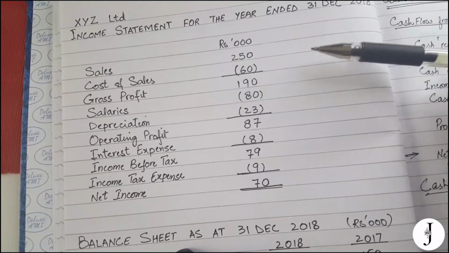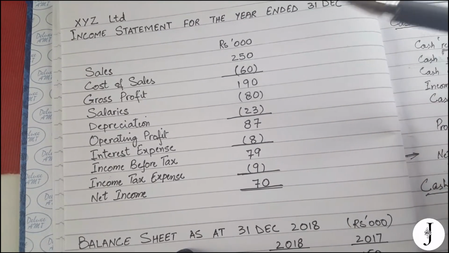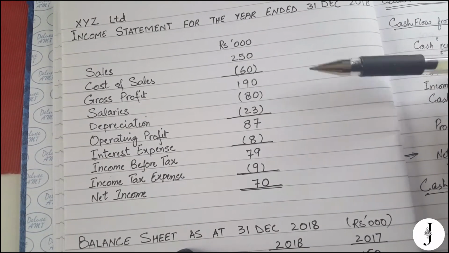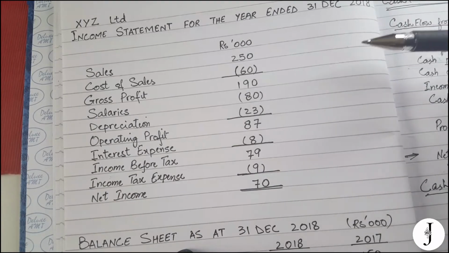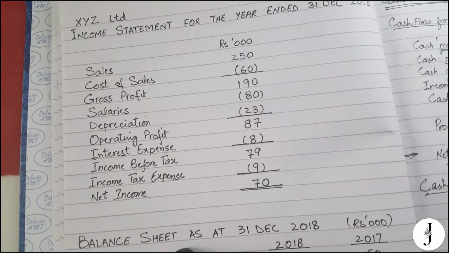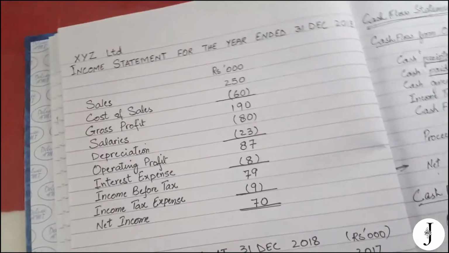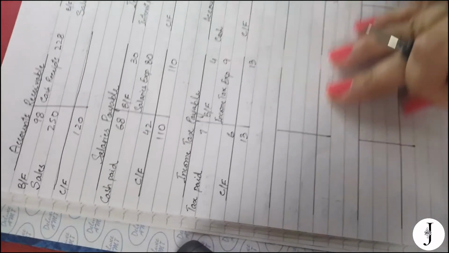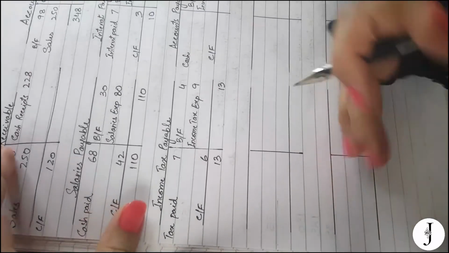So here we are given the cost of sales, but we are not given inventory purchased. So we need to make another T account of inventory.